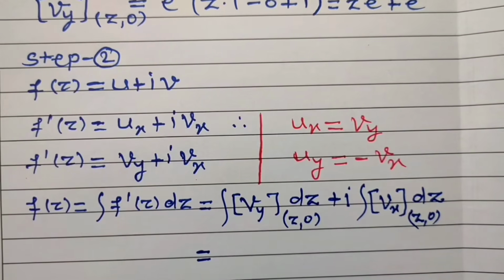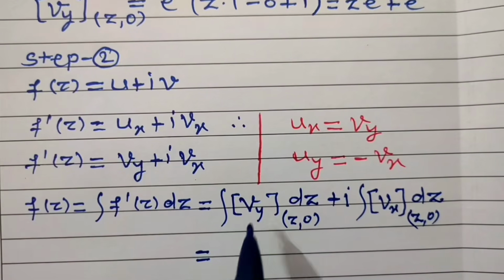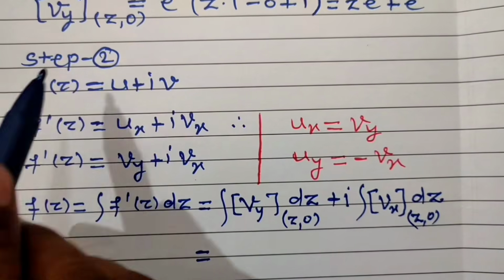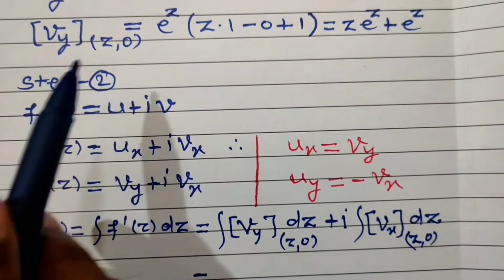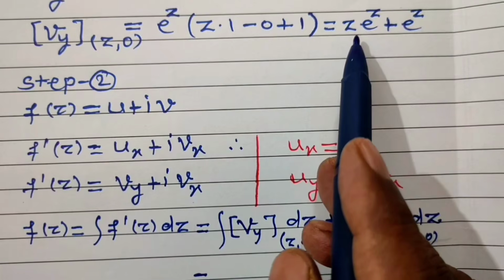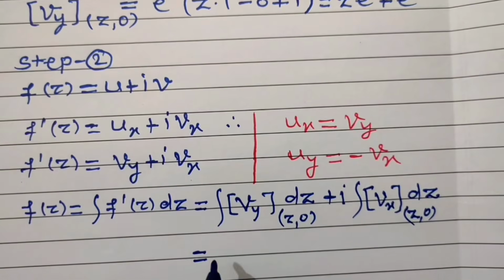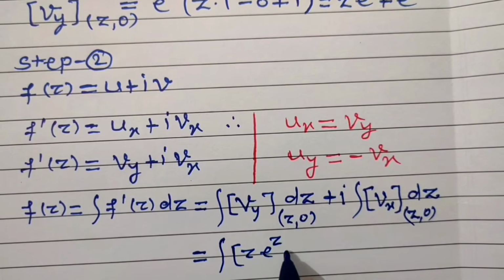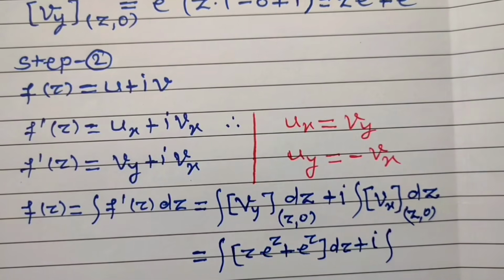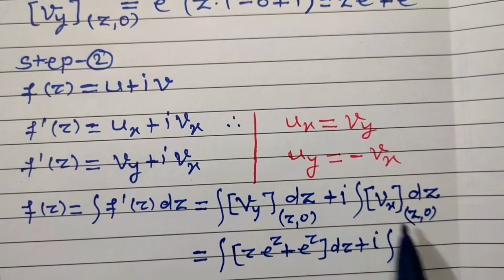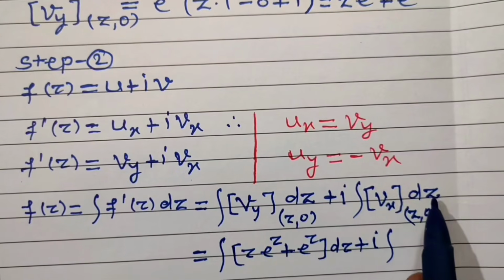But we know the partial derivative of v with respect to y at z comma 0 is given by z into e to the power z plus e to the power z. So the integral of z into e to the power z plus e to the power z with respect to z plus i into the integral of vx at z comma 0 dz.